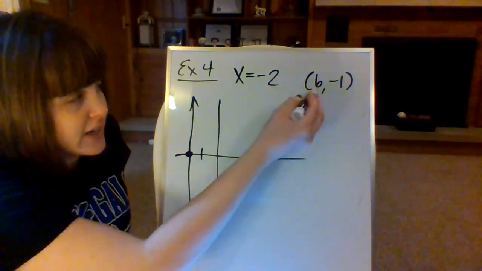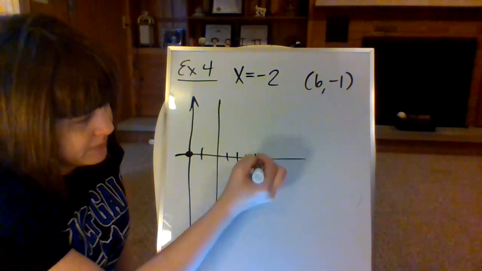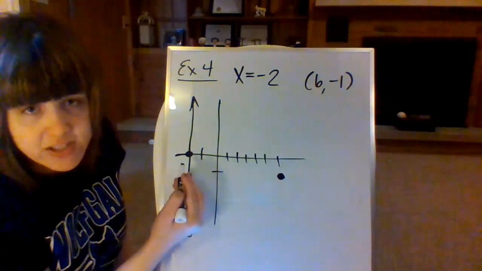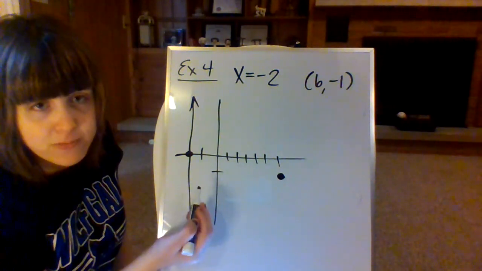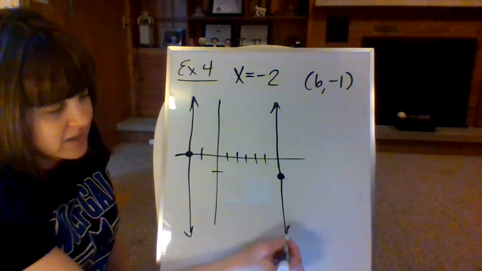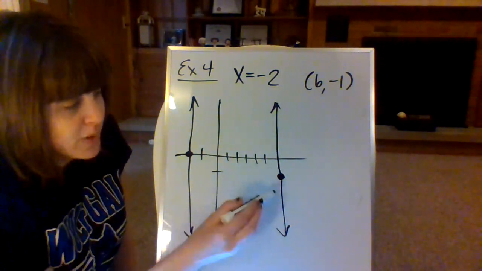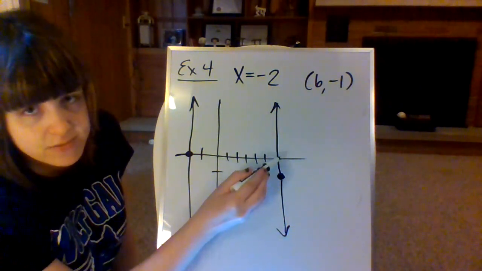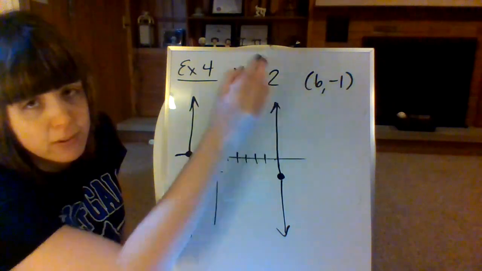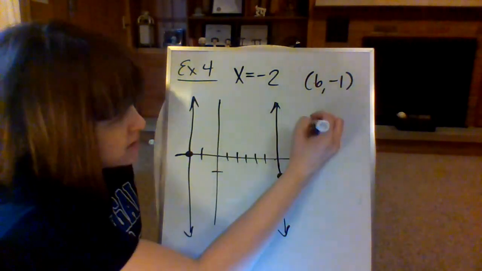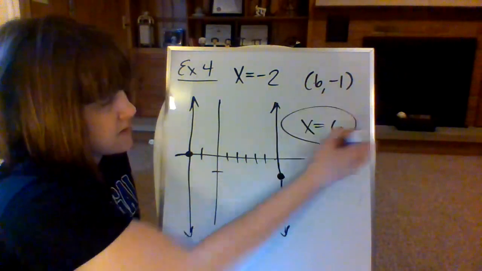Now, I know our other line has to pass through 6, -1. And I know to be parallel to this one, it's also going to have to be vertical, straight up and down. So if that happens, it's going to look something like this. And the equation of this line would be x equals 6, which is the x value of our point. So you can just write x equals 6. Okay, so that's it.